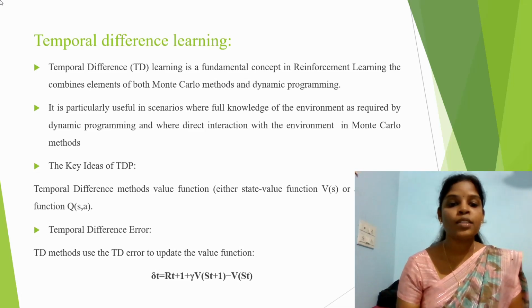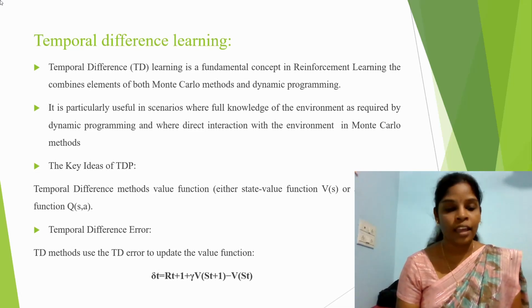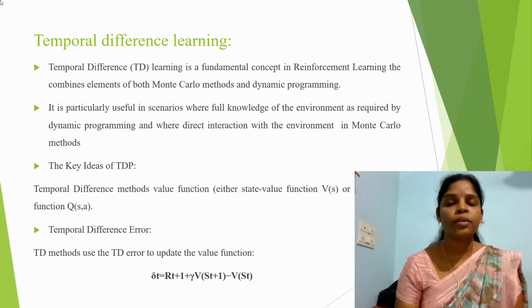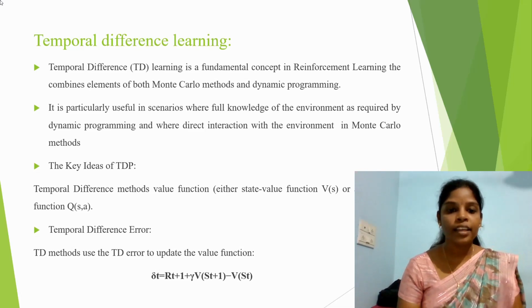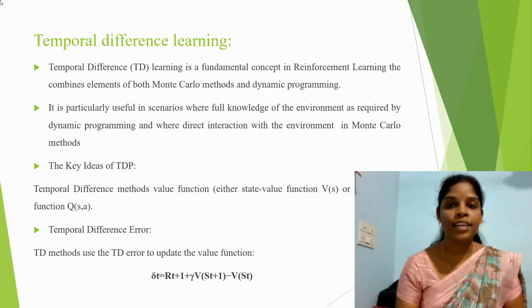TD methods estimate either the state value function V(s) or the action value function Q(s, a). What is TD error? TD error is denoted delta, and it is called the error.